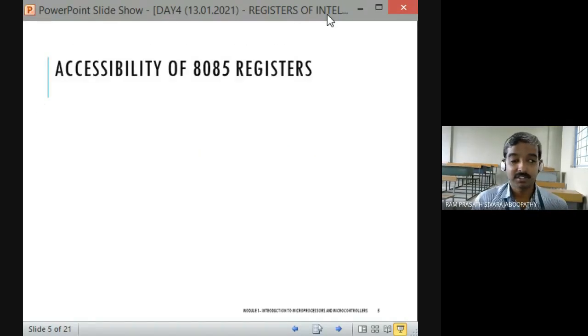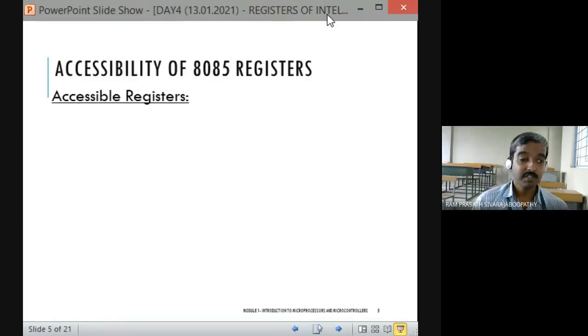Now we are going to discuss the accessibility of 8085 registers. So far we have discussed about 10 registers. These registers can be accessed by the programmer. That means the programmer can make use of these registers so that you can perform any operation through your program.